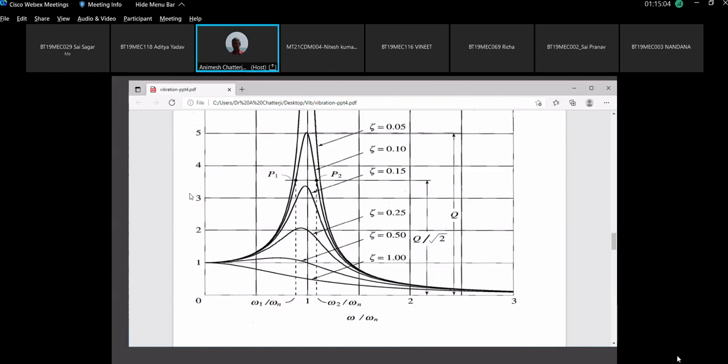This is the ratio of vibration amplitude and static deflection F0 by K. So this y-axis is known as dynamic amplification factor, DAF. Tomorrow I will prepare another PPT and discuss those things.